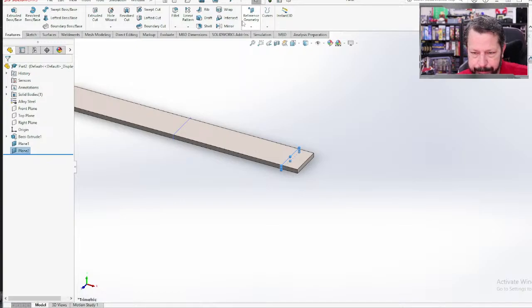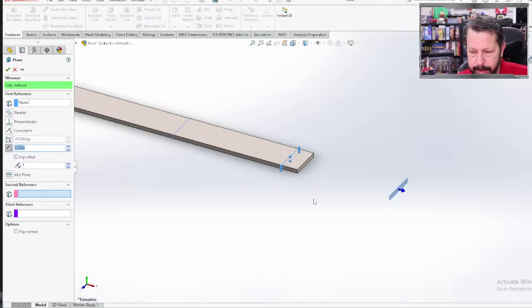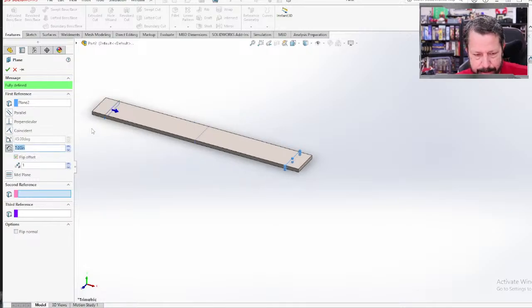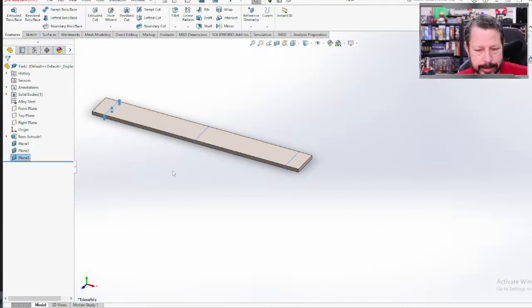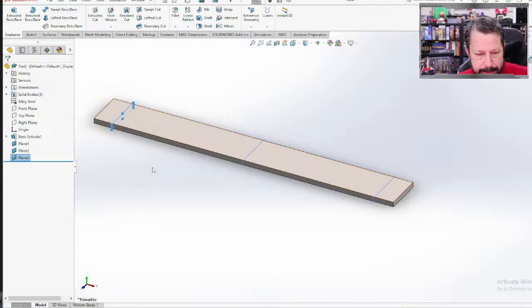We'll do one more, and this one will be 7 inches from where my current reference is, so it's on the other end. You could, it doesn't matter where you reference from as long as you know how far the offset is between it. Alright, so now I have these 3 planes.